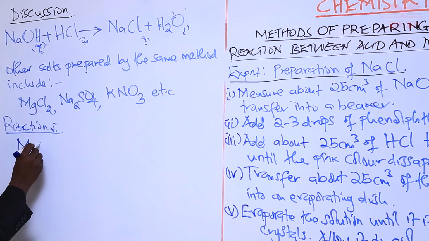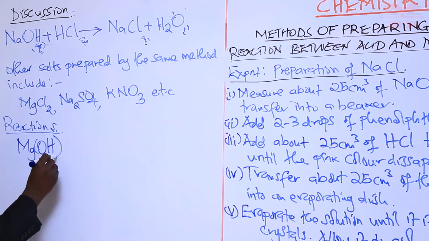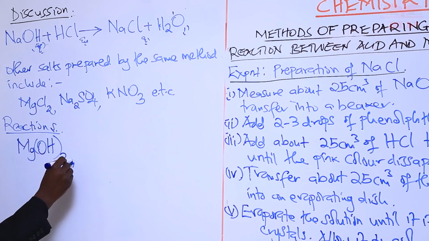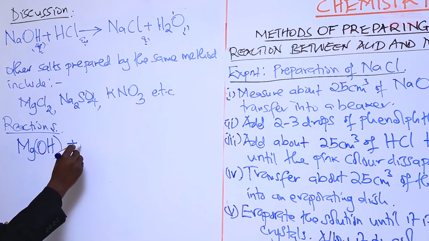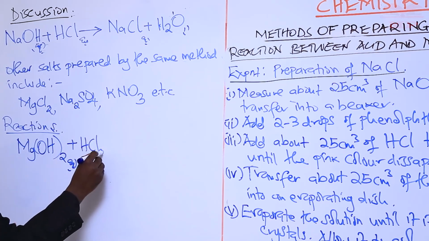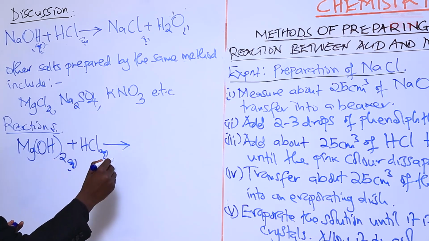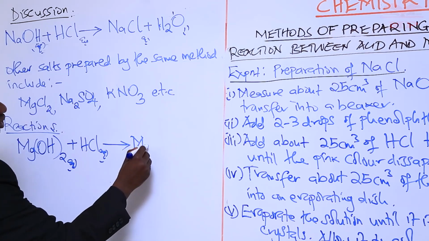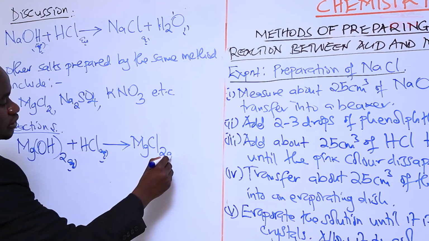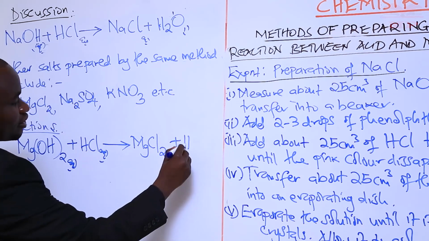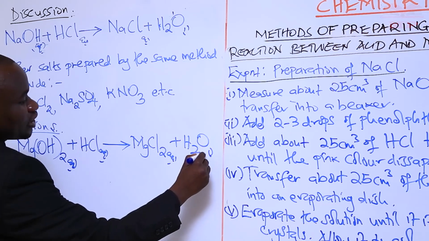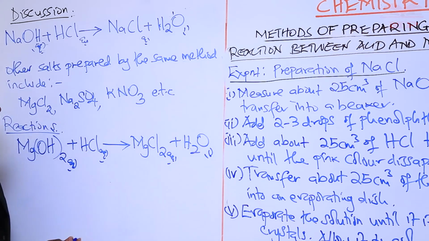Magnesium hydroxide aqueous reacting with hydrochloric acid, and that will give you magnesium chloride and water. You check if the equation is balanced.